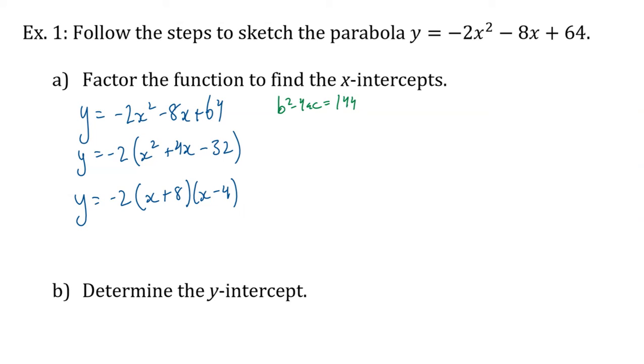But it's got to be factorable. We're not going to be able to sketch something that's not factorable, using the quadratic formula. It's possible, I'm not saying it's impossible, but that's not what we're doing. So these will always be factorable. If you were having a hard time finding the factors, I would check b squared minus 4ac, and if it's not a perfect square, what that's telling you is you've made a mistake.